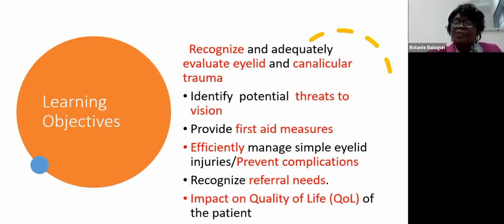While we manage these patients, there are needs for referral. We must also be able to recognize this. And we should put at the back of our minds that eyelid injuries and lacrimal system injuries play a very important role in the quality of life of the patients. As we go along, we'll come to appreciate why this is so.